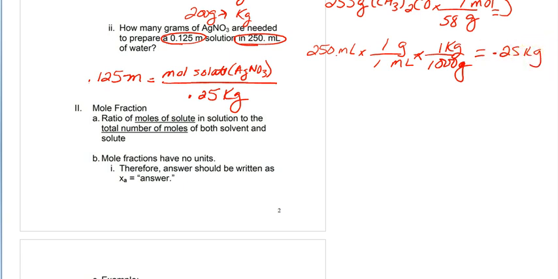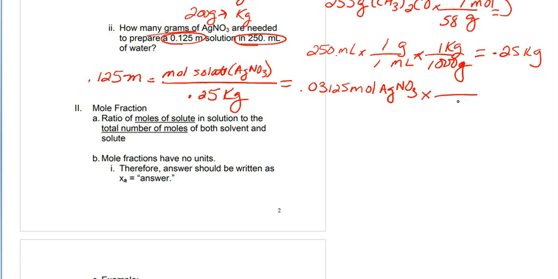Now I'm just going to multiply, and I end up with 0.03125 moles of silver nitrate. But the question is how many grams of silver nitrate, so always be careful to look at what you're solving for.